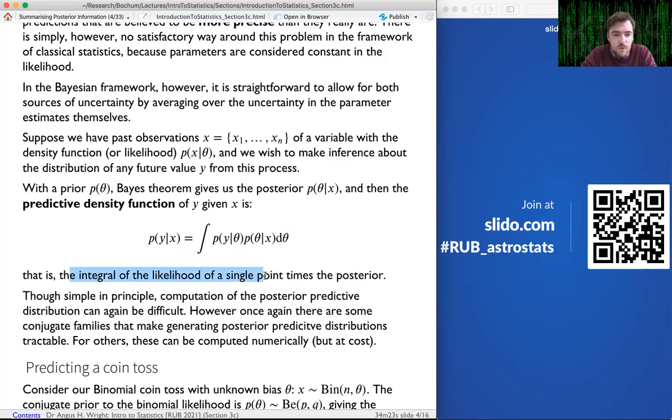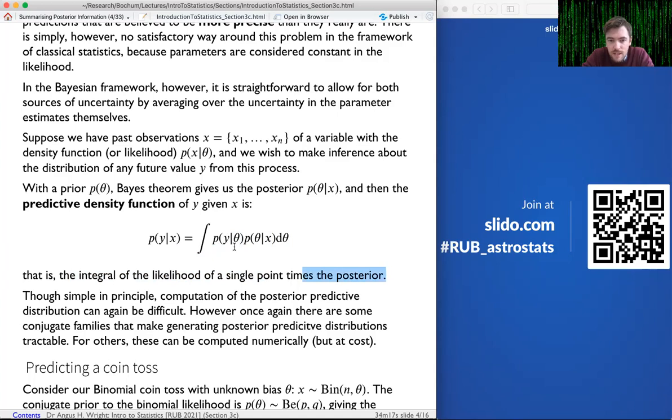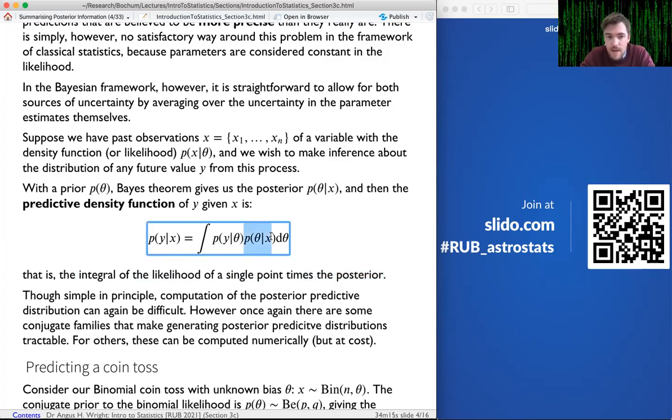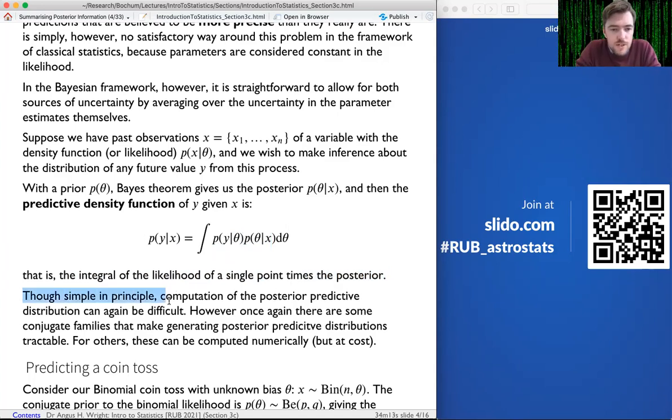So it's the integral of the likelihood of a single point y times the posterior, which we've measured, p of theta given x. This is a pretty simple formula, but it allows us to create predictive distributions of data given an uncertainty on both the actual value of the parameter that we're interested in and the uncertainties inherent to the random future draws of data as well.